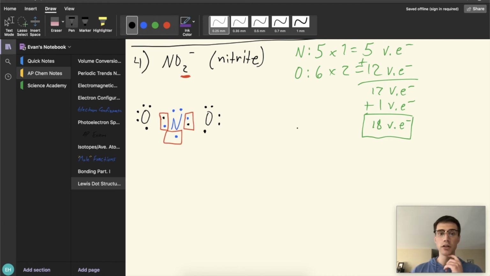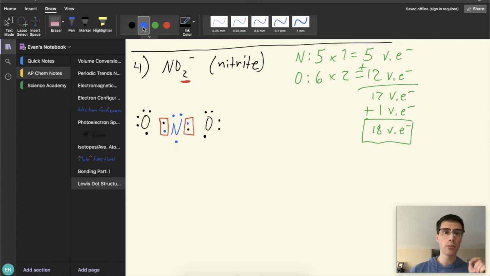Because we're missing 1, we need to figure out where to put 1 of these last electrons. Now, what I'm going to do is move this electron from the bottom of the nitrogen and see if we can form an extra bond right here. So we already have a bond formed between the oxygen on the left and the nitrogen from this box right here.